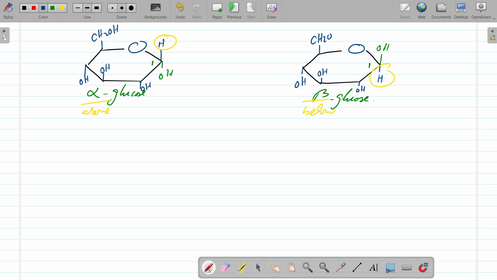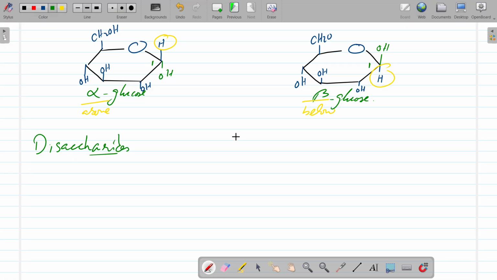So, to wrap this up, for the isomers, the position of the OH group is what will play a role when we move on and talk about disaccharides and polysaccharides, and which ones are bonding.